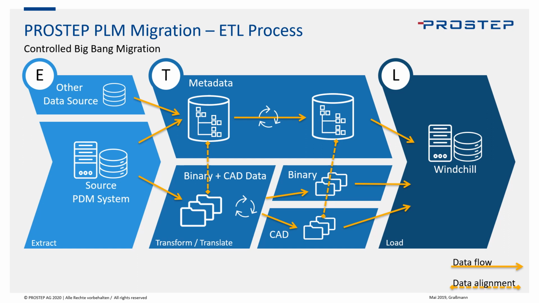So let's take a look a little bit at the PLM migration ETL process. On the left-hand side, you've got your extract, and really those are the arrows that go between the data sources that you have there. Could be multiple data sources, PLM systems, ERP, or even directories and files and spreadsheets, things like that.